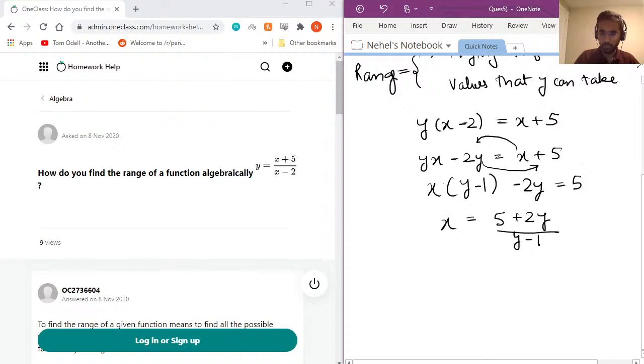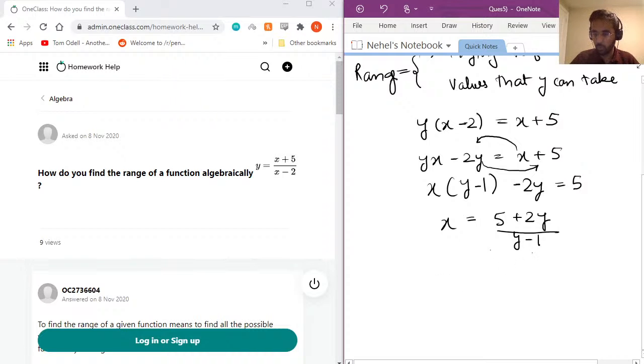Okay, so now that we have solved for x in terms of y, just by looking at this, we know that x is defined for all values of y except y equal to 1.